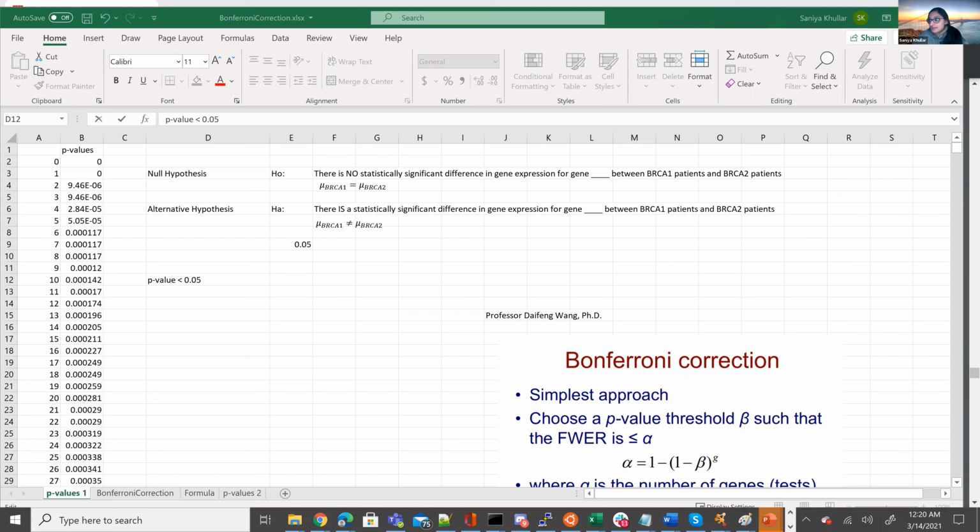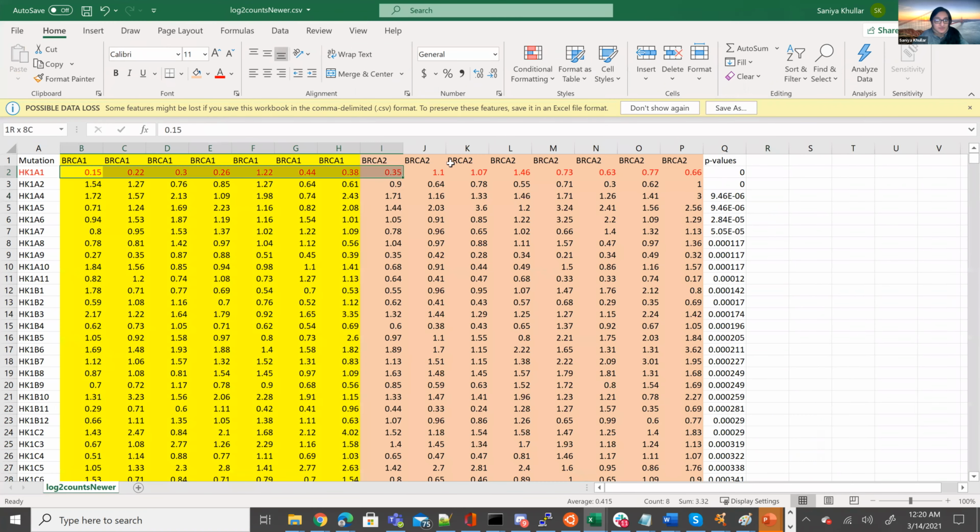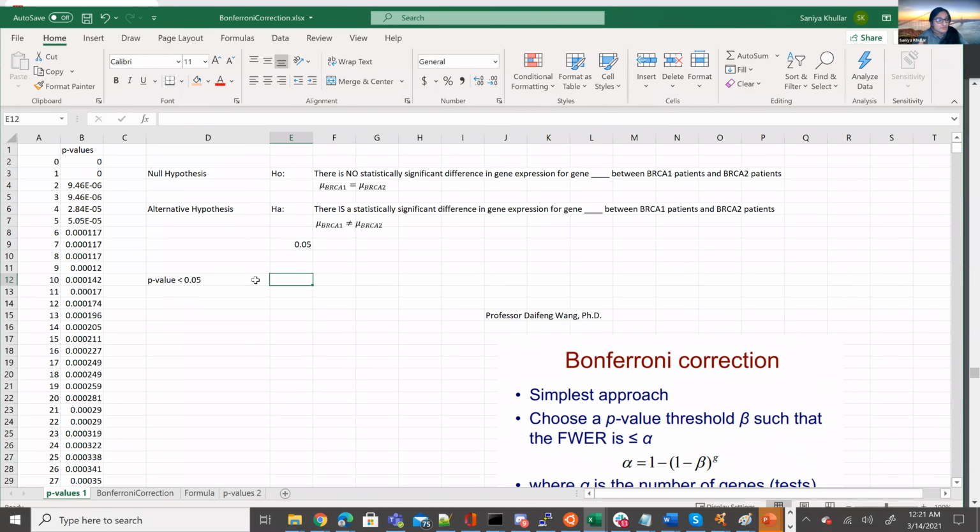If there's less than a 5% chance of observing the distribution of this data if the null is true, then we have evidence to reject the null hypothesis and say that the alternative is true. That means it's so rare for us to observe the data that we did if there's no statistically significant difference.